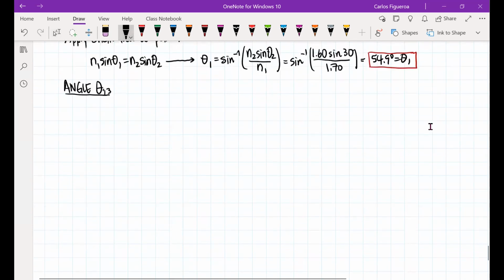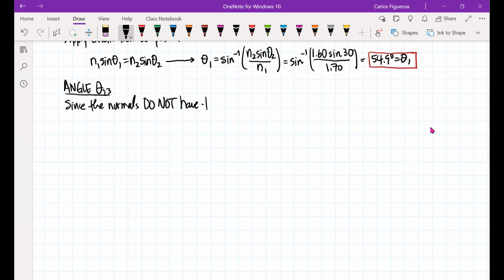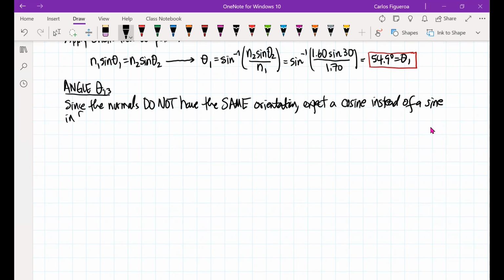So here we go. So since the normals do not have the same orientation, expect a cosine instead of a sine in Snell's law.